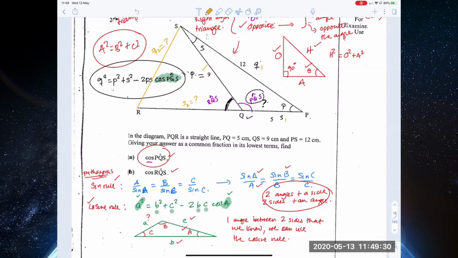But what you know is that this is a straight angle, isn't it? So if this is a straight angle, there's a relationship between this and this. Let's try something on your calculator. Let's say that this PQS angle is, let's say it's 110. Can you do cos 110 and tell me what it is? Minus 0.3420.